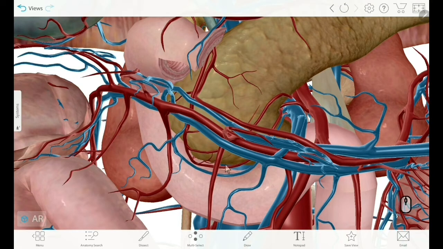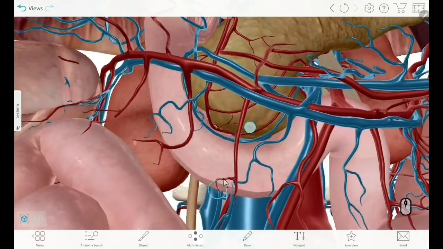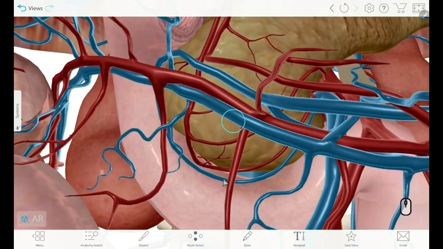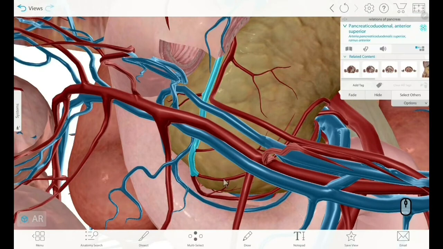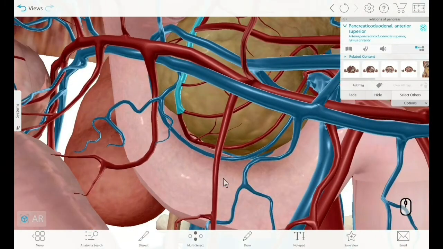So the inferior border of the pancreas is surrounded by the third part of the duodenum and the inferior pancreatico-duodenal artery. So this over here was the superior pancreatico-duodenal artery, and we can see another artery coming and anastomosing with the superior pancreatico-duodenal artery.